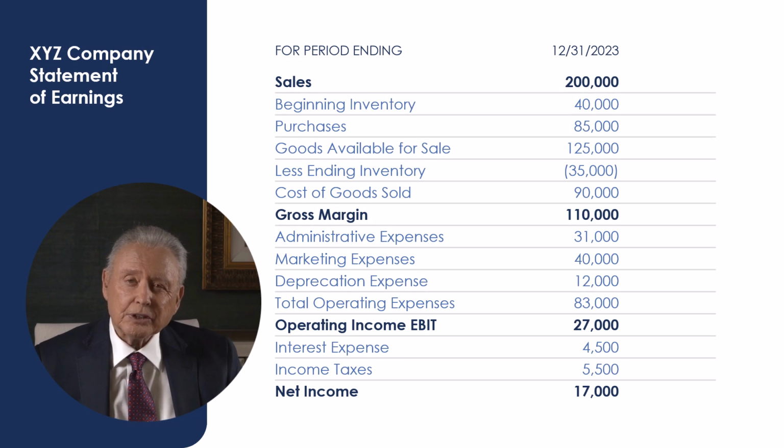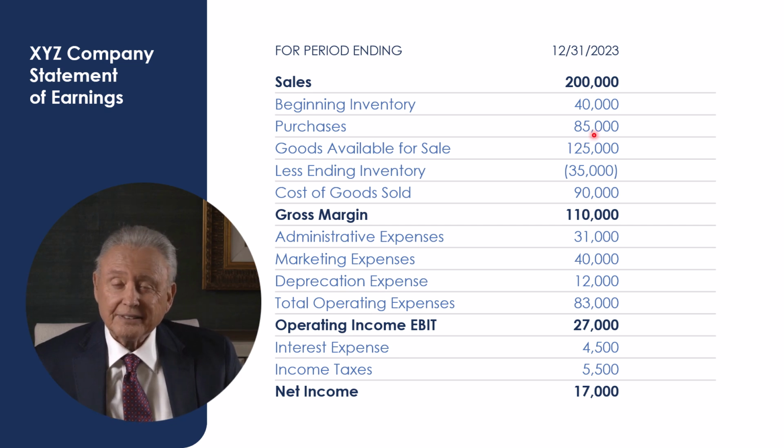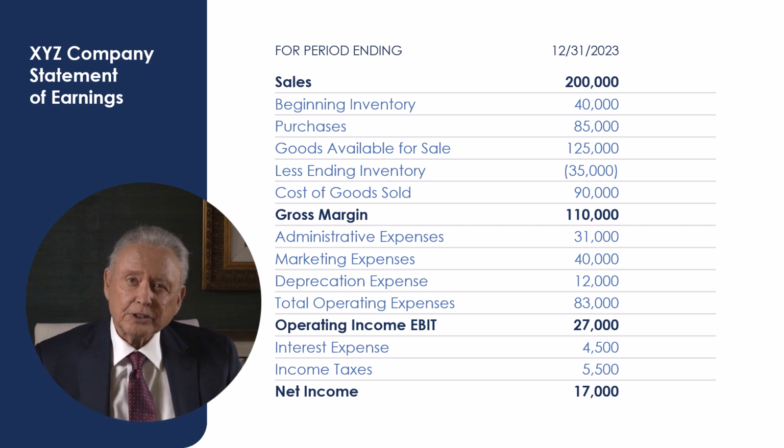Here we have sales of $200,000, an analysis of what we call the periodic method of inventory management. We start with beginning inventory of $40,000, purchases of $85,000. The two values above equal goods available for sale, $125,000, less ending inventory of $35,000. $125,000 less $35,000 equals cost of goods sold of $90,000.